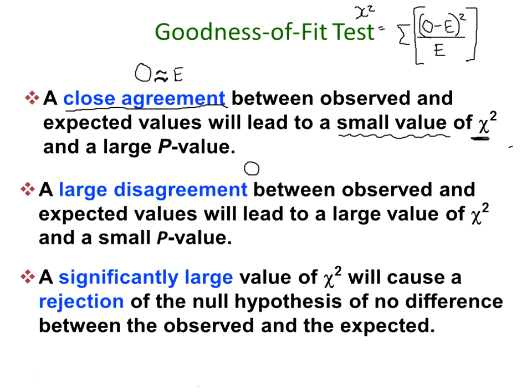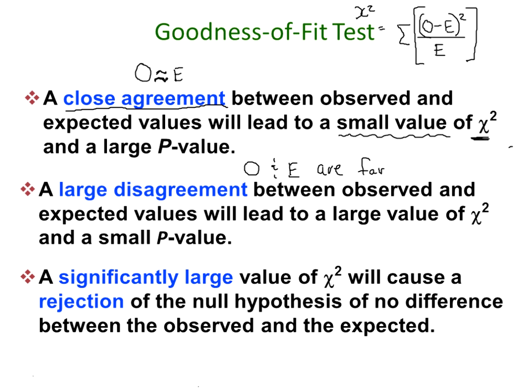If your O and your E are far apart, then there's a large disagreement between observed and expected values.